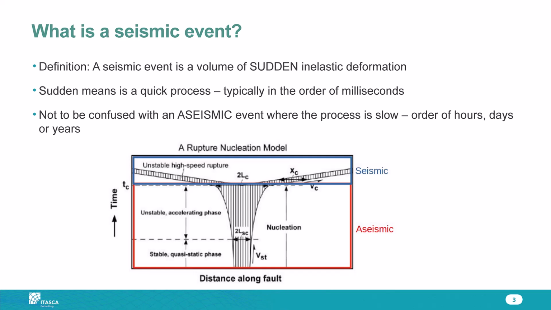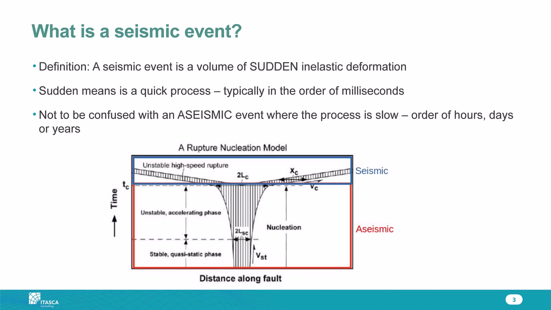And what is the difference? So this illustration here at the bottom basically explains what the difference is. If we take the San Andreas fault, for example, and a rupture starts on that fault, typically it starts off very slowly. We've got a small area of deformation on that fault, the nucleus.